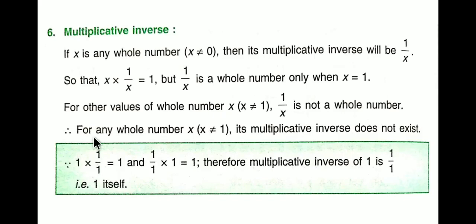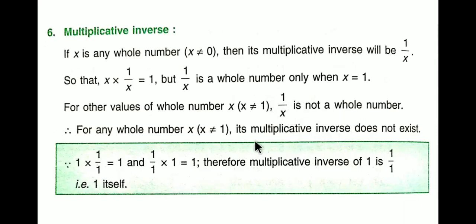So for any whole number, if x is not equal to 1, then its multiplicative inverse will not exist. So if x is equal to 1, then only the fraction remains a whole number. If x is equal to 2 or 3 or 4 or any other number, then that fraction will remain a fraction but not a whole number.